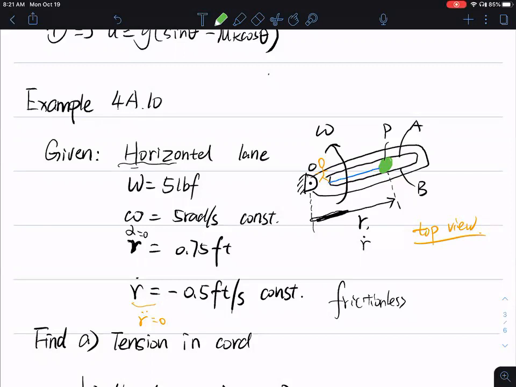Would you use polar, path, or Cartesian coordinate system to find acceleration of particle P? Krista? Path. What's the equation for acceleration on the path?